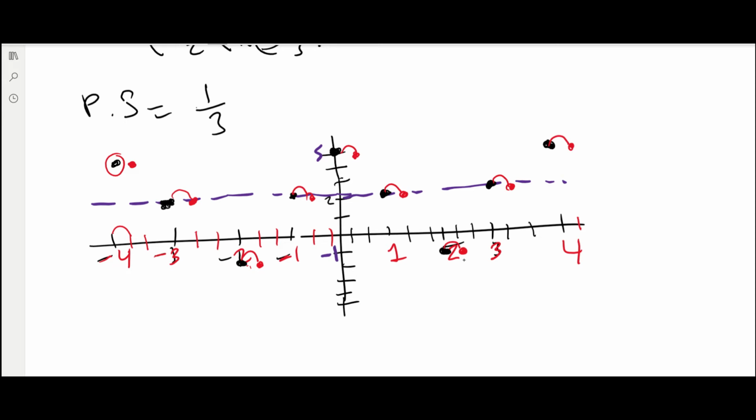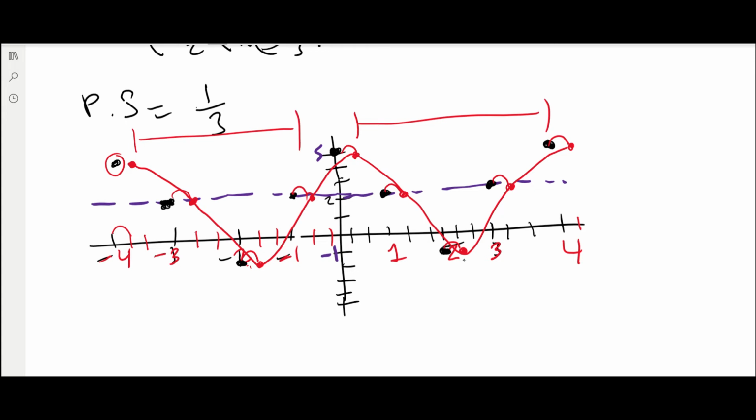All right, now I can go ahead and draw my 2 periods for my cosine. All right, and there's my cosine graph. I got 2 periods of the cosine, which is exactly what they're asking for.